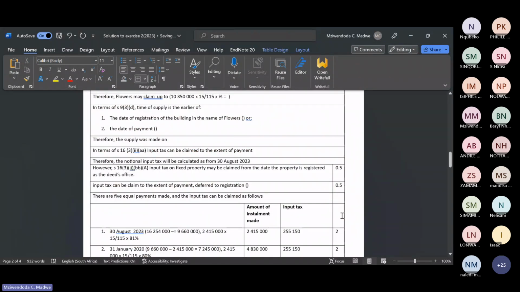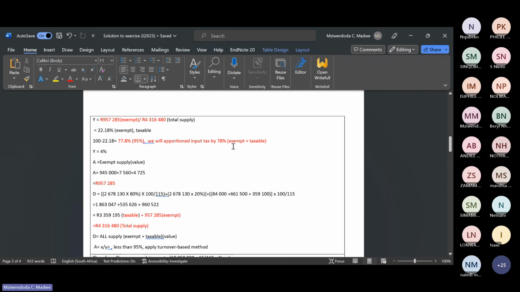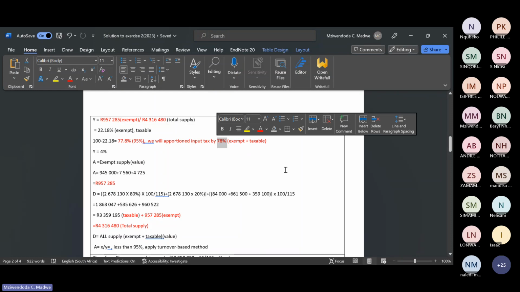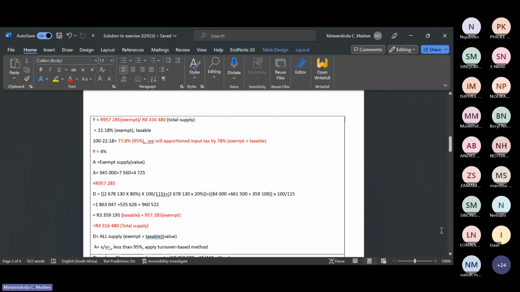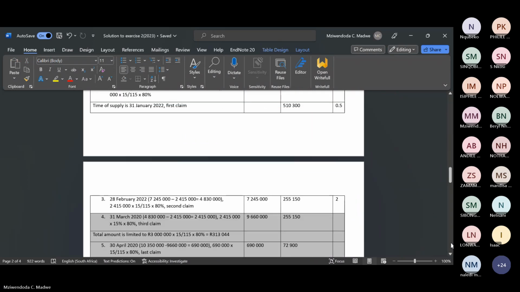So this is what we are going to do going forward. Okay, so let us stop here today. Then on Thursday, I think we are going to use our timetable slot. We'll start from 78% going forward, so we'll see how we are going to apply this 78% in our calculation. Unless there is a question, for today let us stop here.